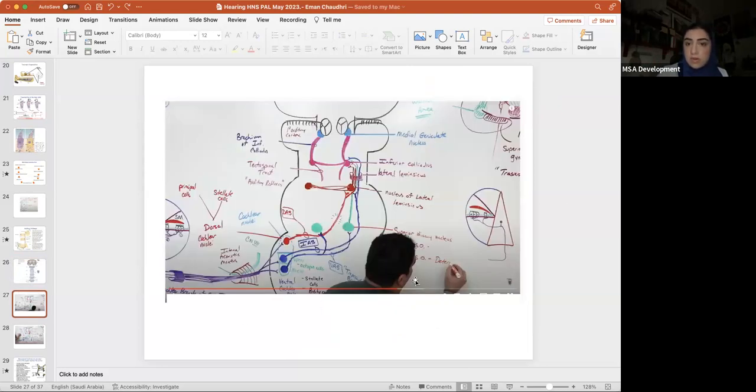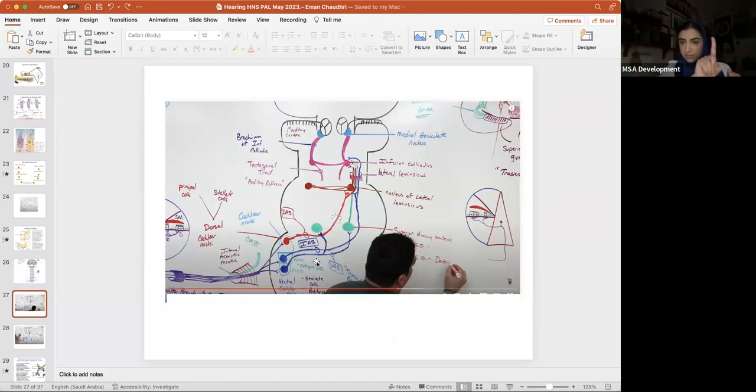This is another drawing of Ninja Nerd as well. So we all know, so olivary nucleus, lateral lemniscus, inferior colliculus, medial geniculate body or nucleus, and then cortex. So for you guys to remember that in case you guys do get tested on it.